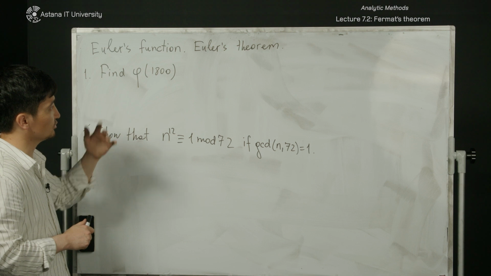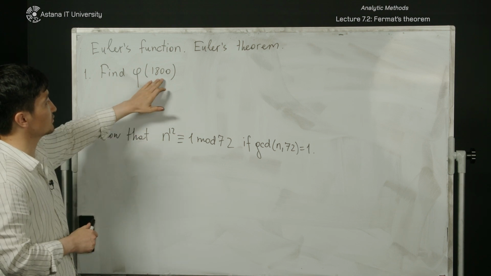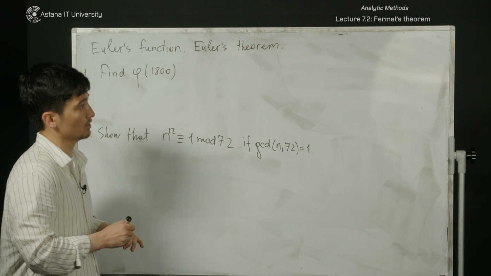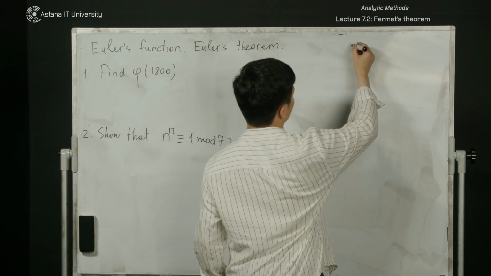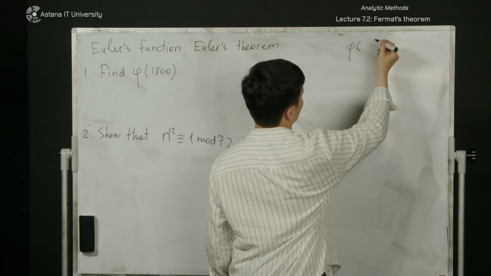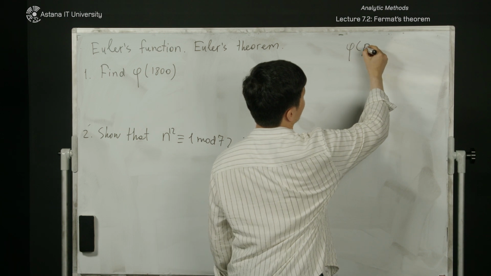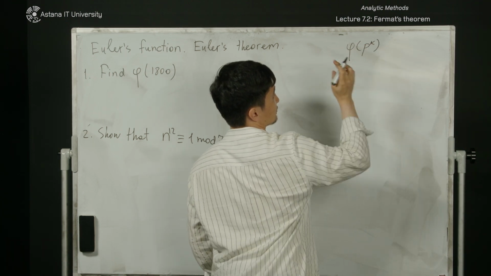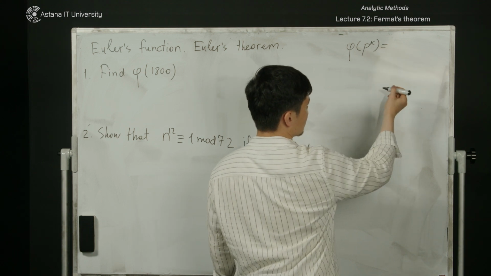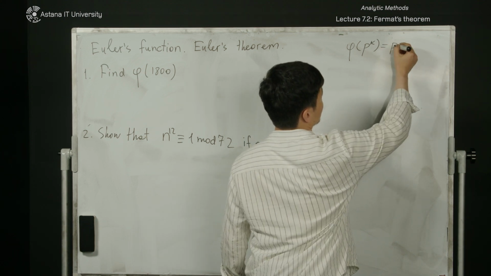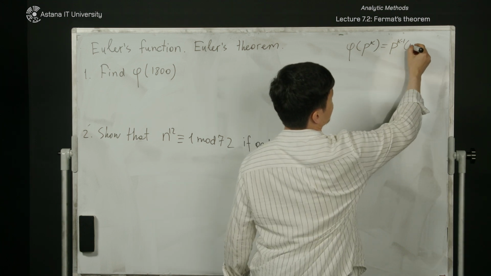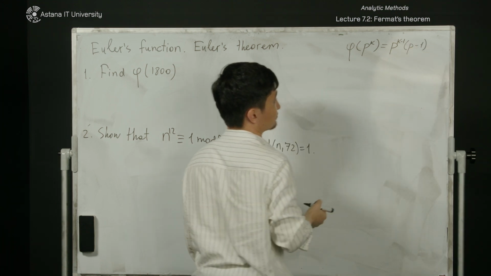Now what you need to consider is you need to factor into prime factors, right? So we have this theorem which says that phi of p to the power of k, where p is prime and k is an integer, is equal to p to the power of k minus 1 multiplied by p minus 1.